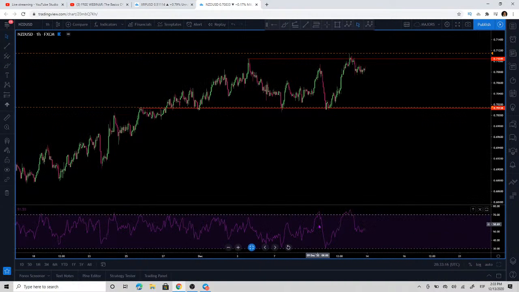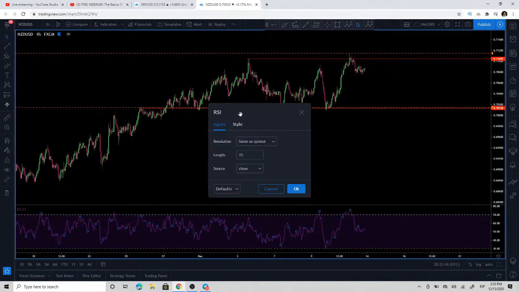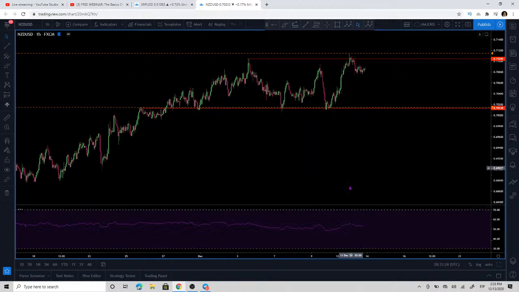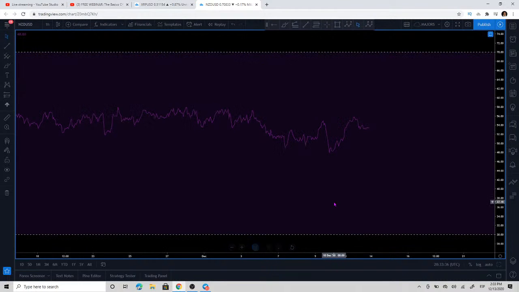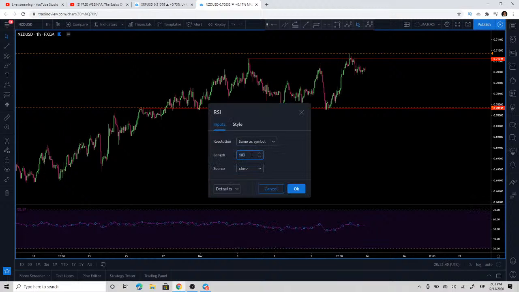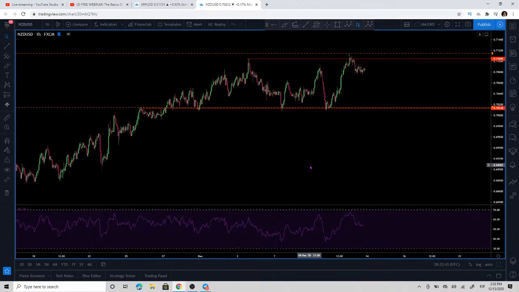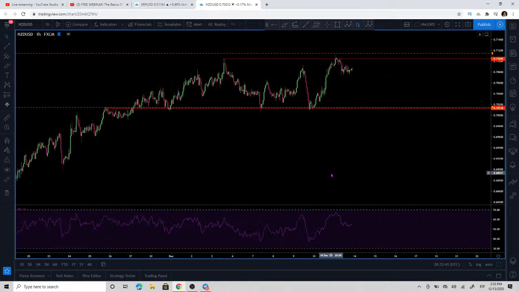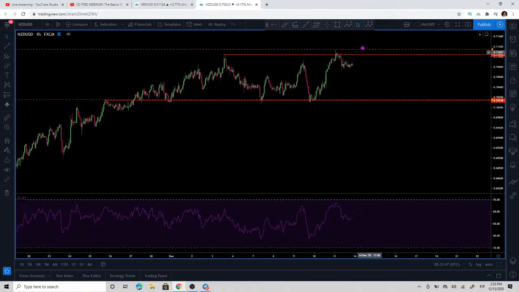And by doing that, I go to a higher length on the RSI, right? We can use the 27, the 103, etc. But if we use the 103, we are going to get a very flat relative strength index. So we are going to use the 25, and we're going to move forward, right?